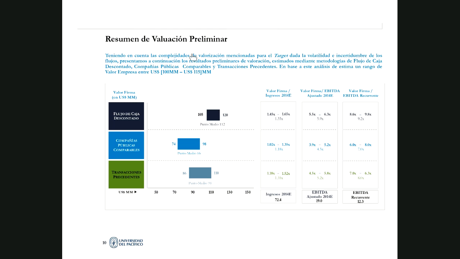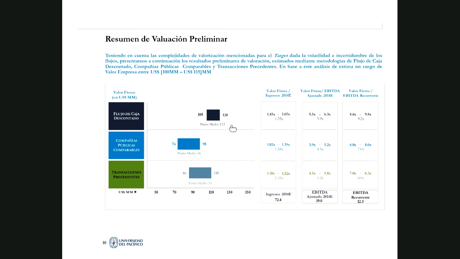Considering the difficulties in the valuation mentioned for the target, and given the volatility and uncertainty of the cash flows, we present the results of our preliminary valuation calculated using the following methodologies: DCF, trading comps, and transaction comps. Based on this analysis, we estimate a range of firm value between $100 and $115 million for this company.